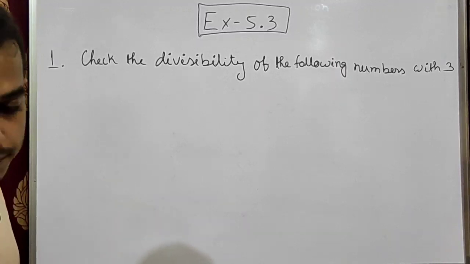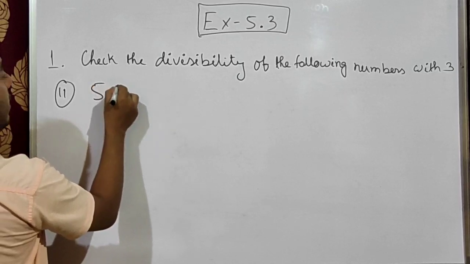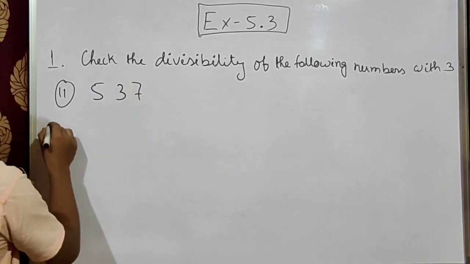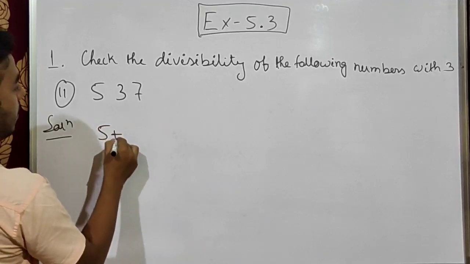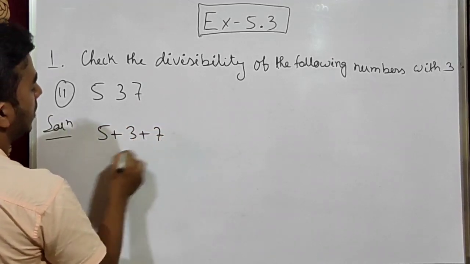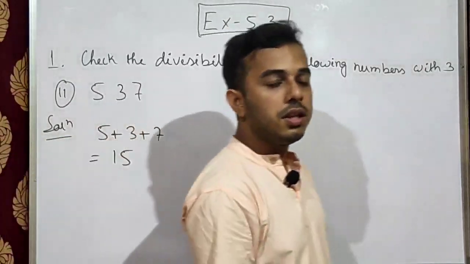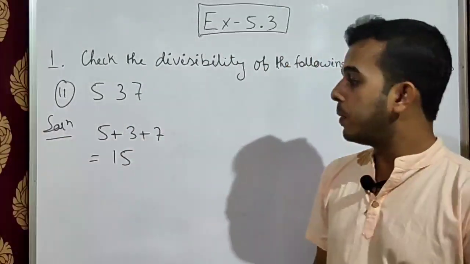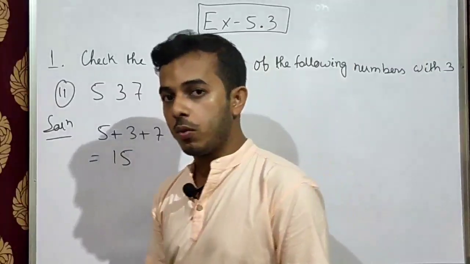Okay, our next number is 537. So, we will write solution. Then 5 plus 3 plus 7 equals 15, right? Now, 15 is divisible by 3. Yes, it is divisible by 3, right? If we divide 15 with 3, what will be the result?